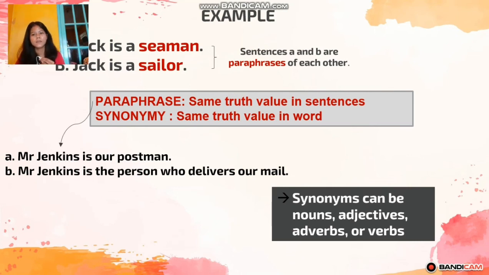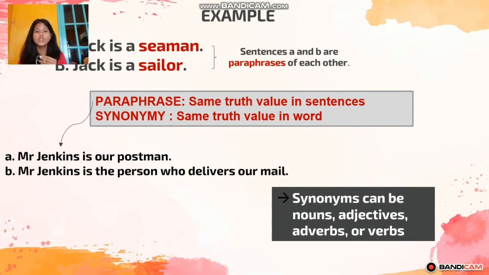The complex term who delivers our mail is a paraphrase of the simple term our postman, but we don't call it a synonym. Synonyms are typically single lexemes of the same weight. The longer term explains the simple term, but not the other way around.